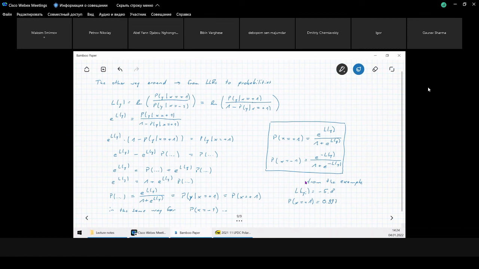And we get P of x to be a minus 1 of like 0.003. So you see, we can use both of these quantities. We could describe the bits by using the probabilities or by using the log likelihood ratio. And we can calculate one out of the other.